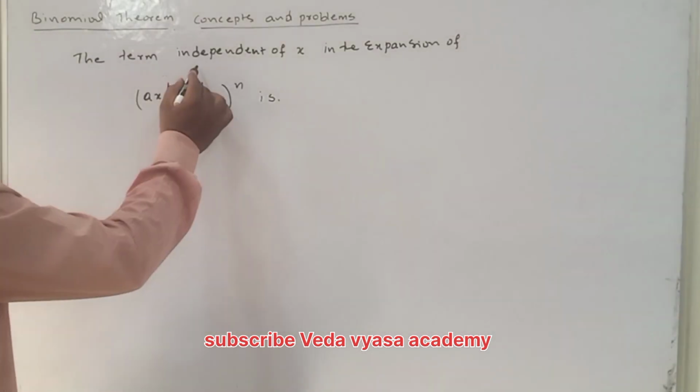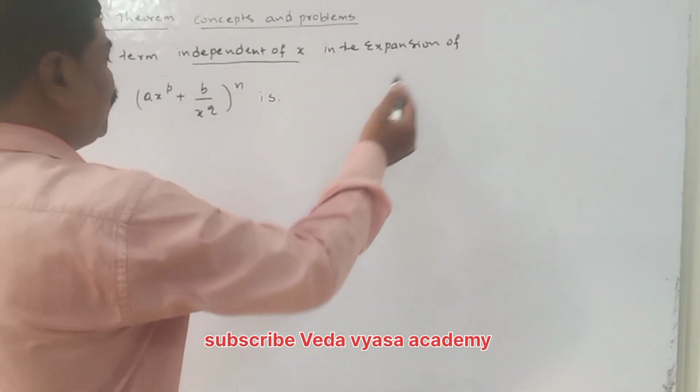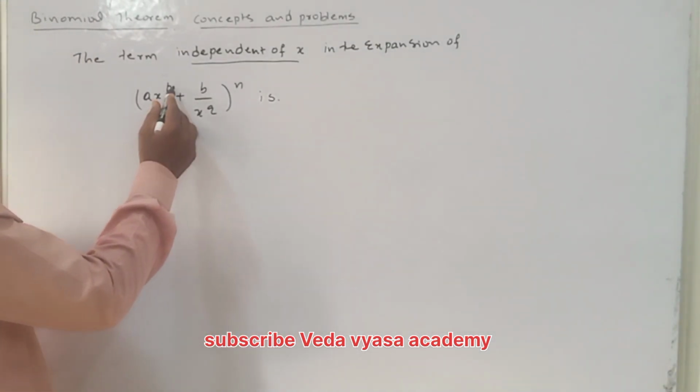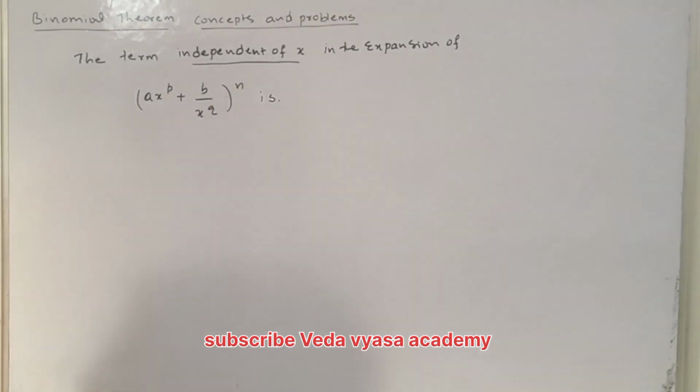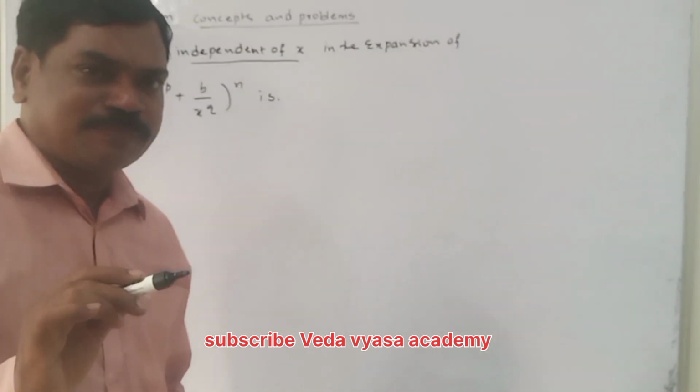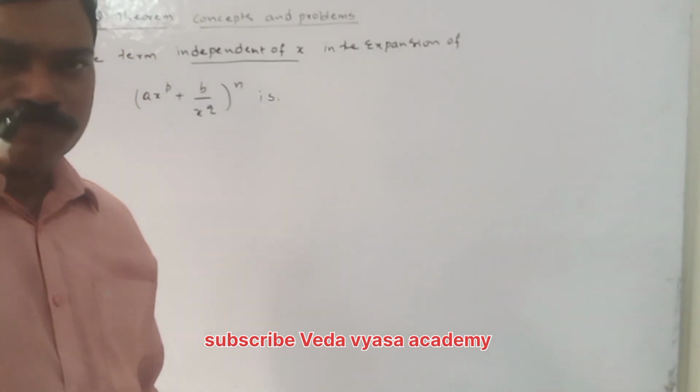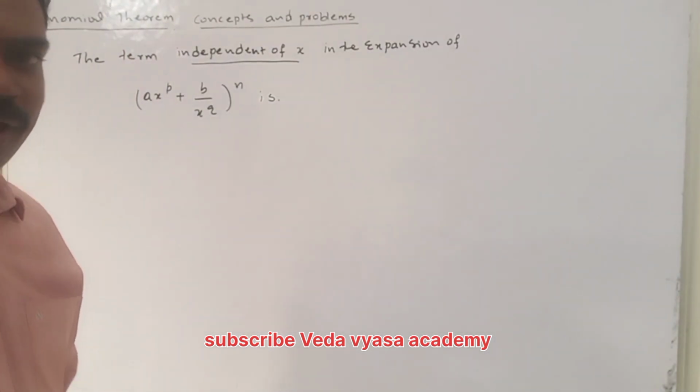The term independent of x in the expansion of (a x^p + b/x^q)^n is. Independent of x means x^0, that is x is absent.